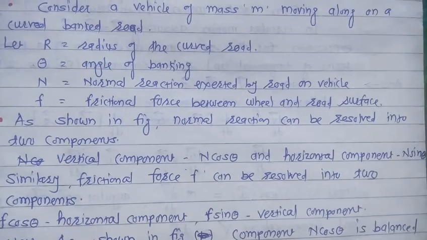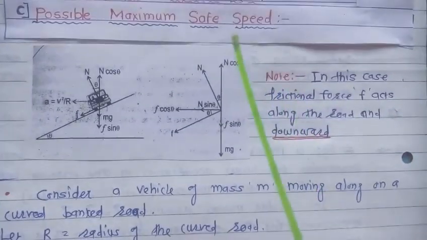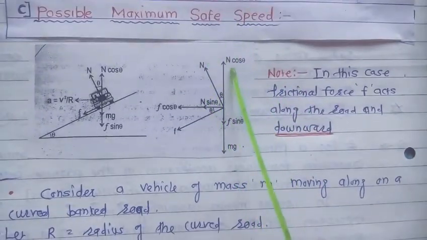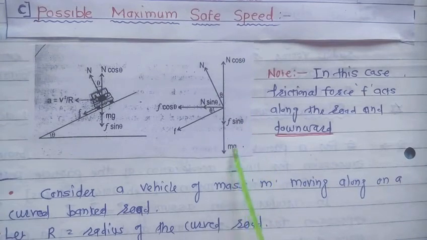component. Now this vertical component, that is N cos theta, balances the weight mg of the vehicle plus this downward component F sin theta.